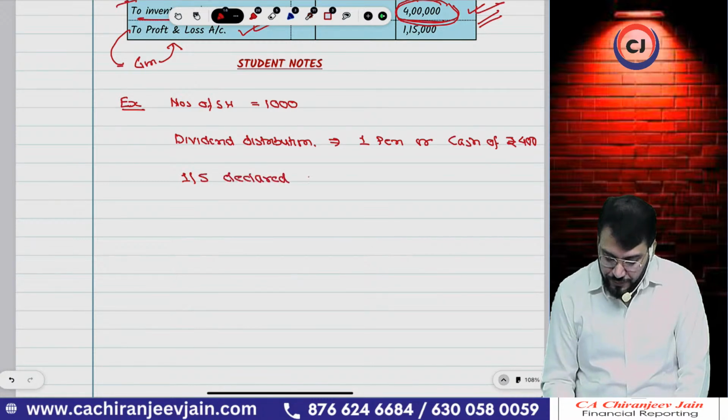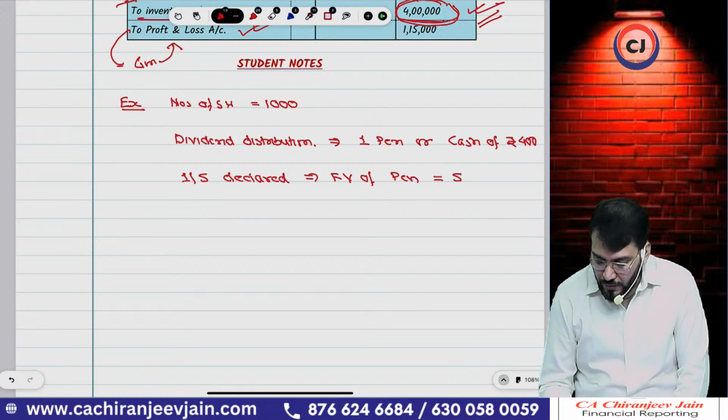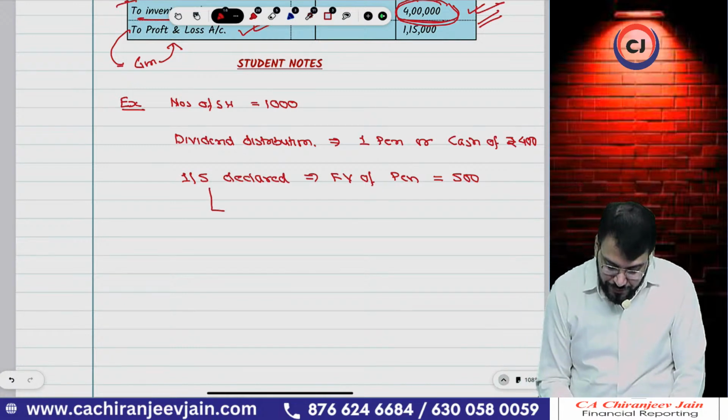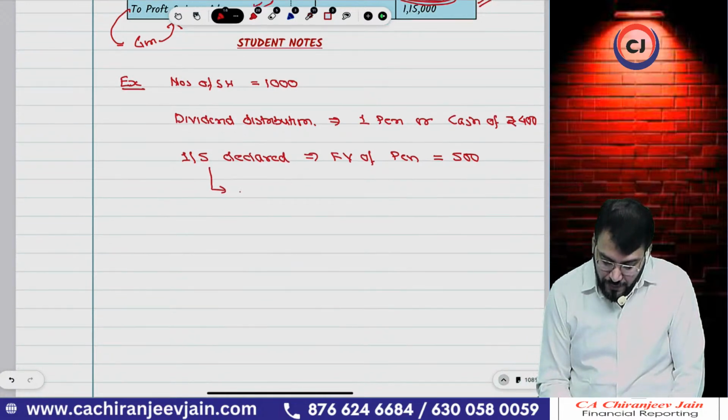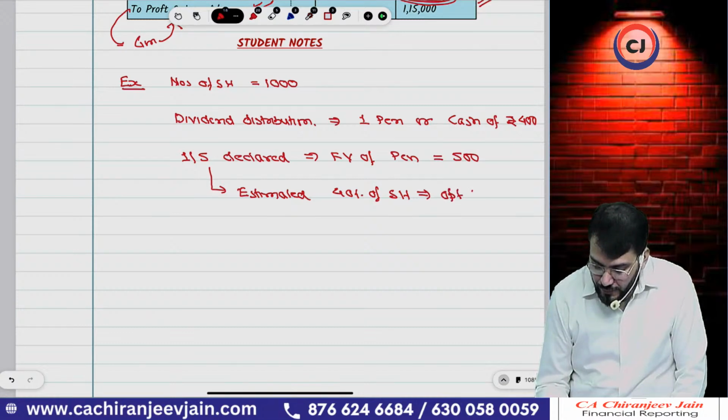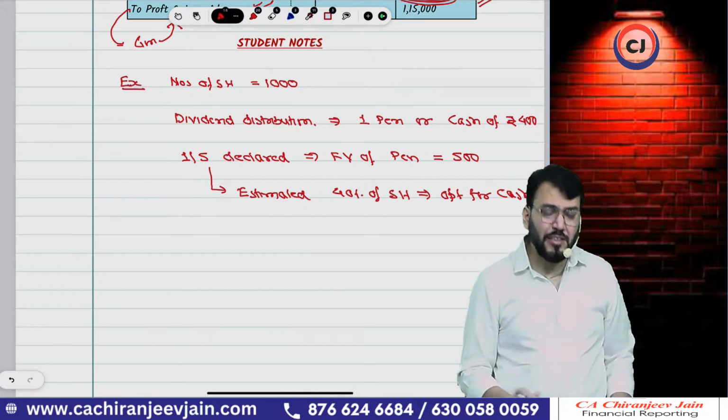When it was declared, the fair value of 1 pen was 500, and on this date it was estimated that 40% of shareholders will opt for cash settlement. It was estimated.